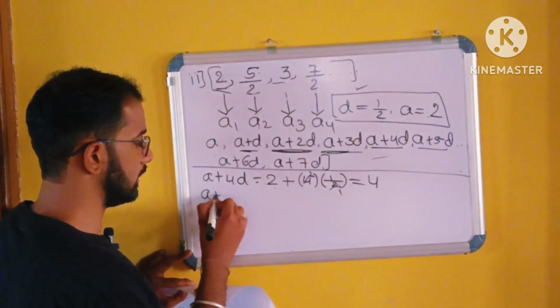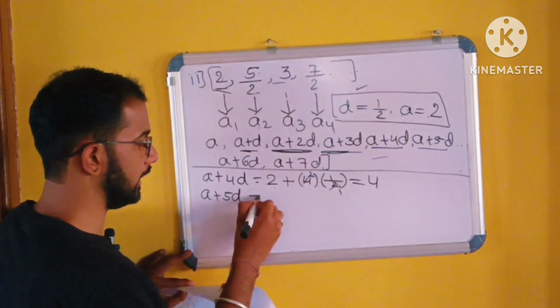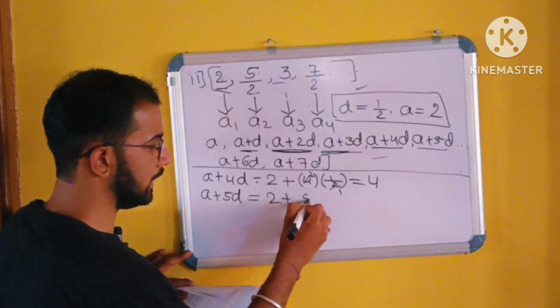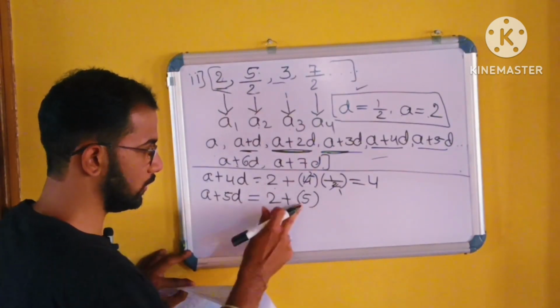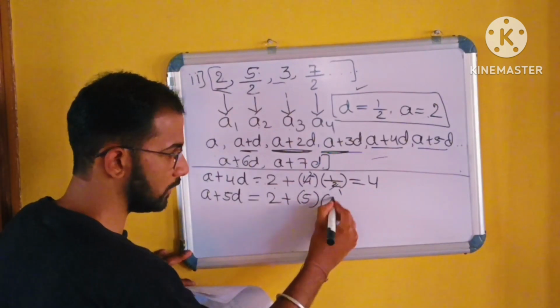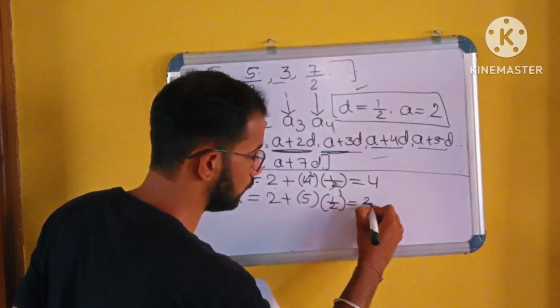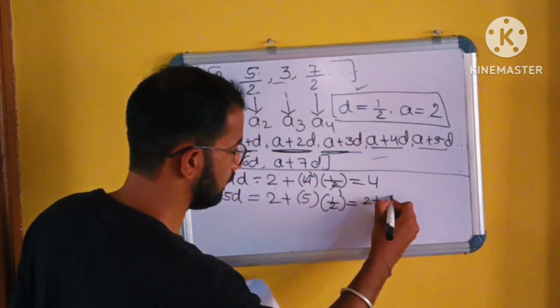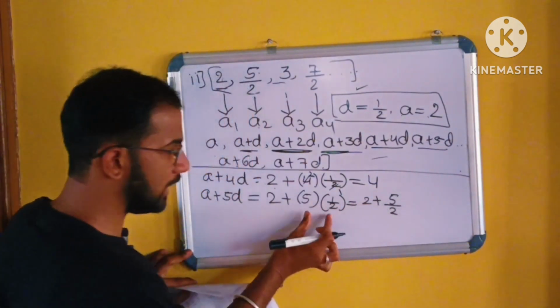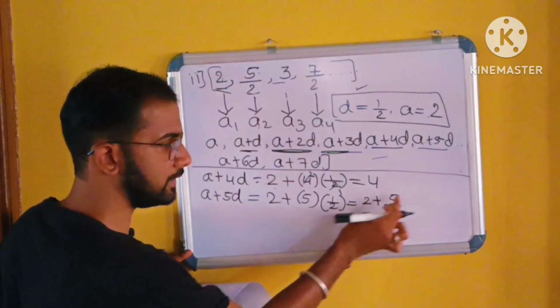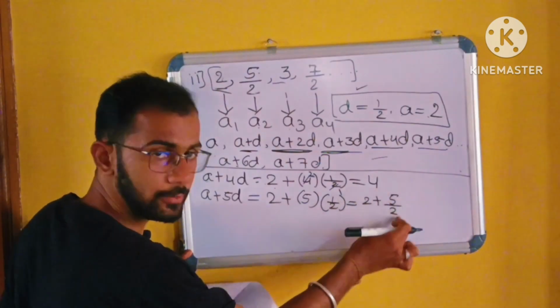See here, 2 ones are 2, 2 twos are 4, 2 plus 2 is 4. Then next term A plus 5D: 2 plus 5, and in place of D what do we need to substitute? 1 by 2, that is 2 plus 5 by 2. If you multiply these two values, we get 5 by 2.